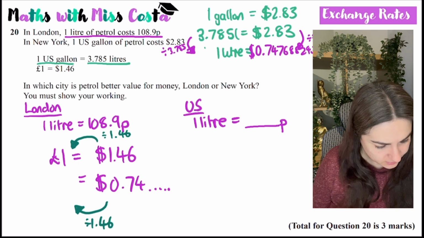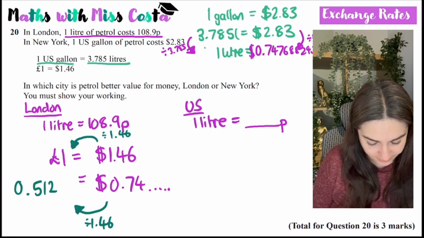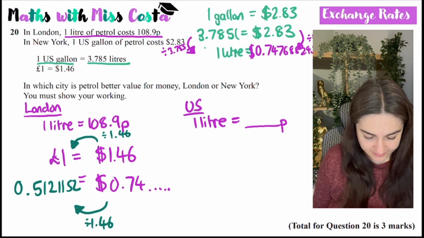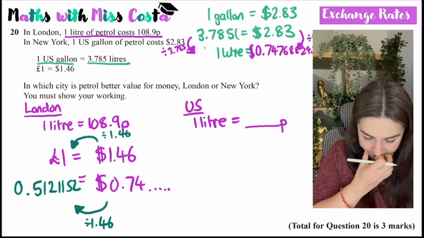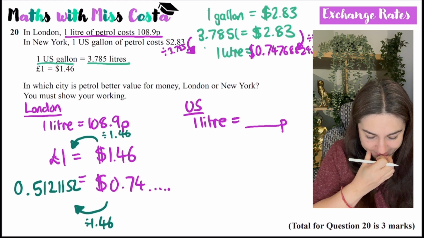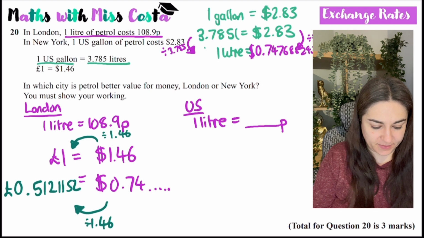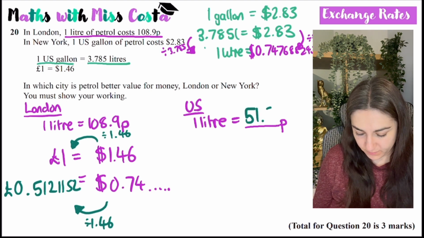0.512. That's quite cheap. So that's 0.5121152. So 1 litre costs that in terms of pounds. So to turn it into pence, I'm going to times it by 100. So that would be 51.21 pence.